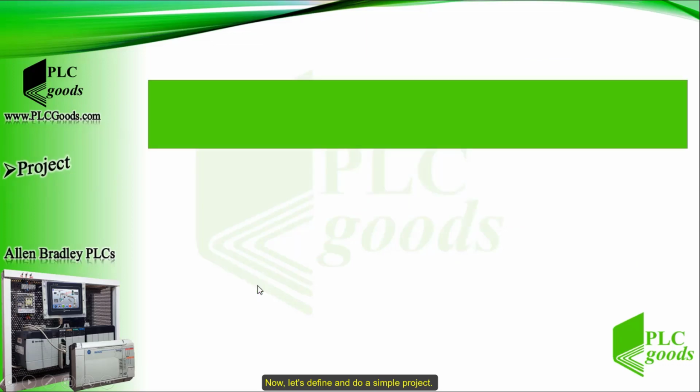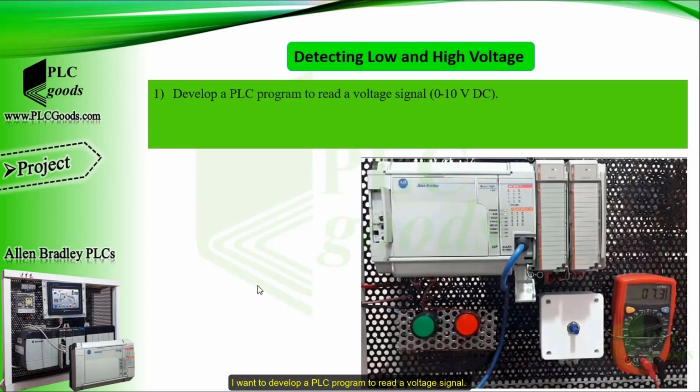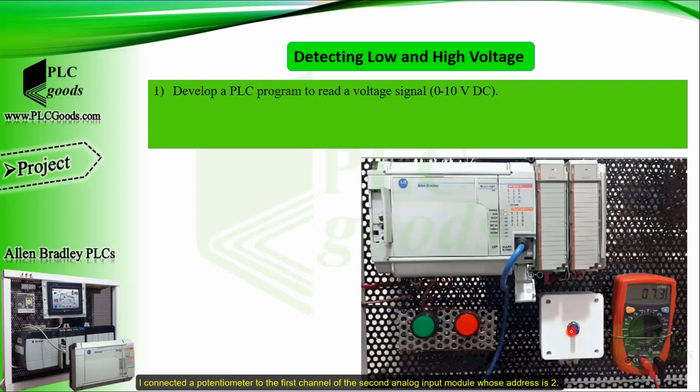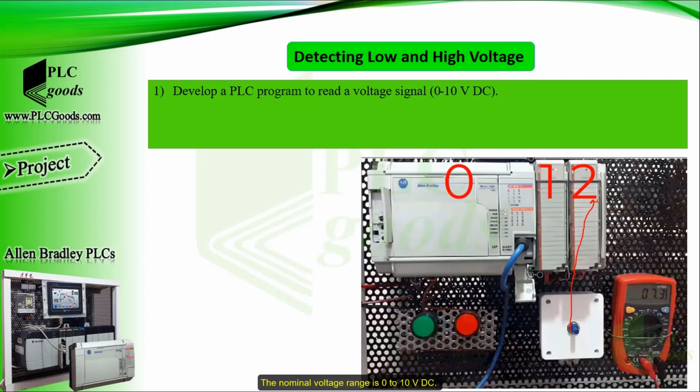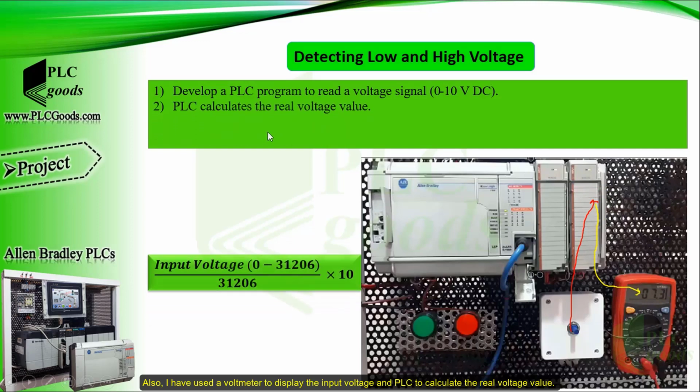Now let's define and do a simple project. I want to develop a PLC program to read a voltage signal. I connected a potentiometer to the first channel of the second analog input module whose address is 2. The nominal voltage range is 0 to 10 volt DC. Also, I have used a voltmeter to display the input voltage and PLC to calculate the real voltage value.